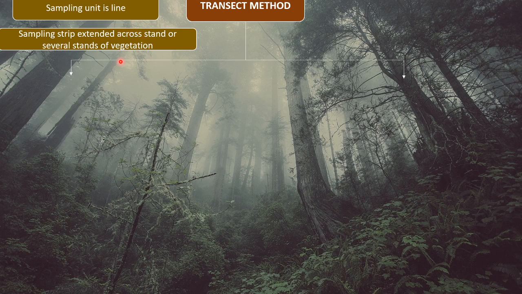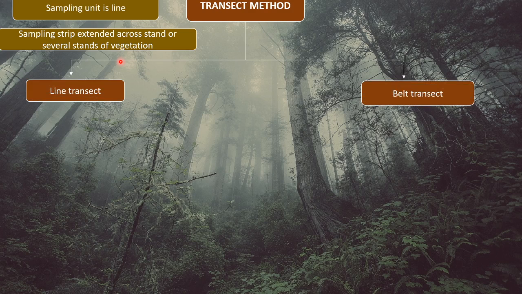We will understand this. Transect methods are basically of two types, line transect and belt transect. For those who do not know what a transect is, a transect is actually a kind of path, a straight path, and on that path whatever things come have to be counted, right? So let us understand this with line transect.